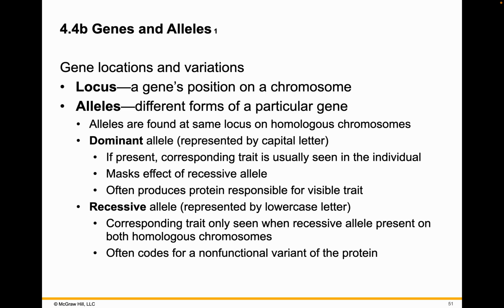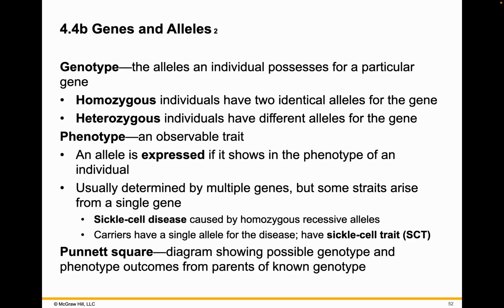If the dominant allele is present, it would mask recessive alleles. It often produces proteins responsible for the trait. A recessive allele, represented by a lowercase letter, is only seen if you are homozygous for that recessive allele, if you have two copies of the recessive allele. If you have a dominant allele, you'll cover up the expression of the recessive allele.